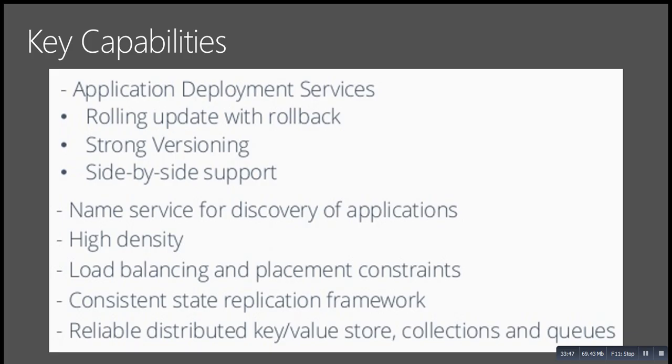That's one approach you can take, and you can use the novel Reliable Actors programming model to create cloud objects with self-contained code and state. And you can deploy and orchestrate containers, including Windows containers and Linux containers.